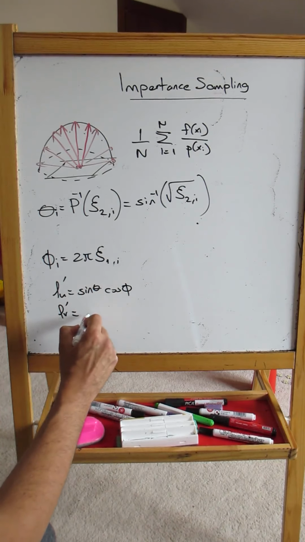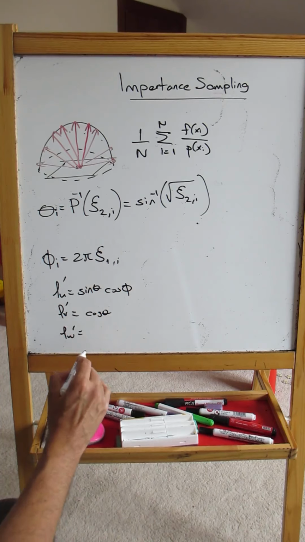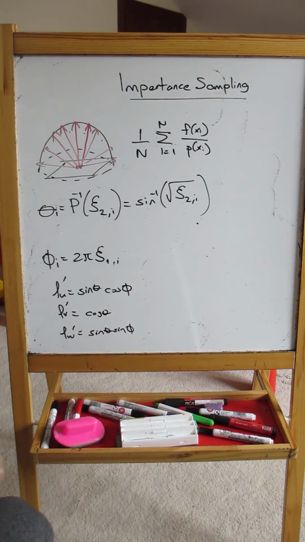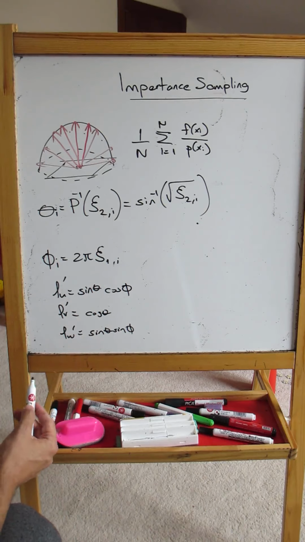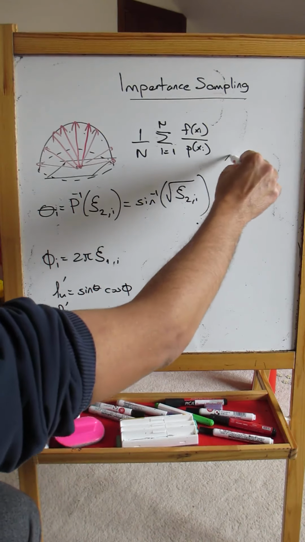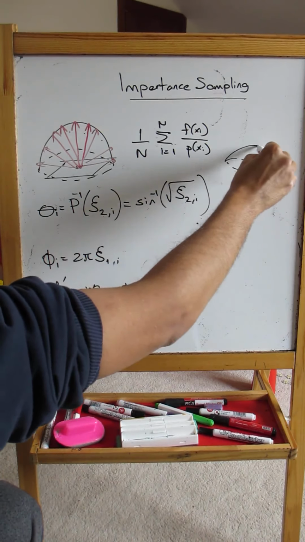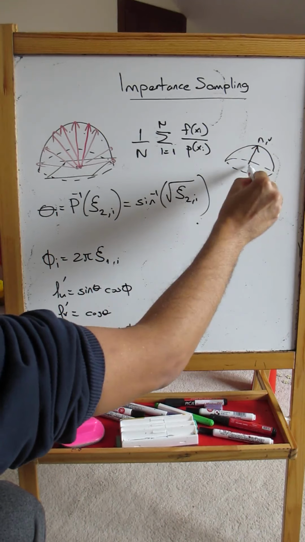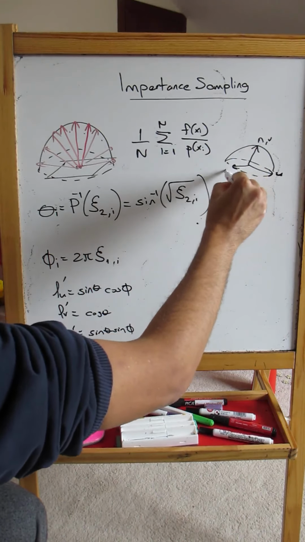LV prime is equal to cos theta, and LW prime is equal to sin theta sin phi. Okay. So what were these components? These were what you get when you create an orthonormal basis around the direction that you are sampling. Okay, so let's say this is N and V, this is U, and this is W.